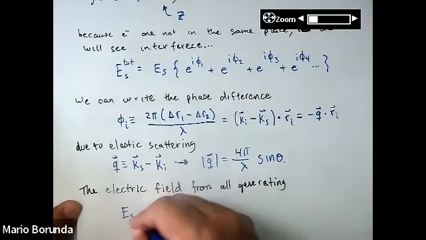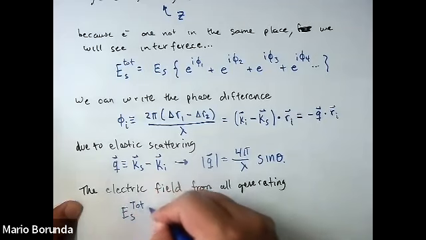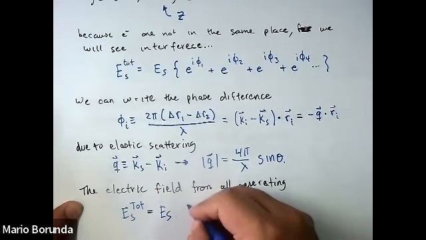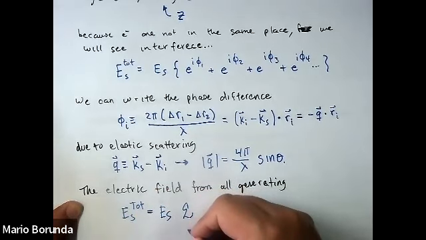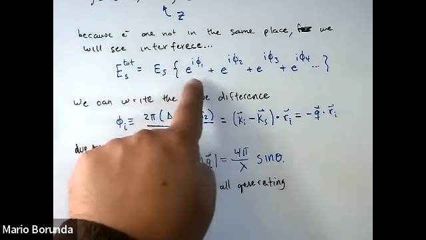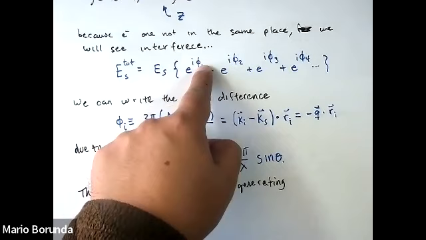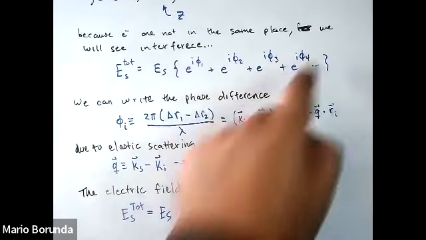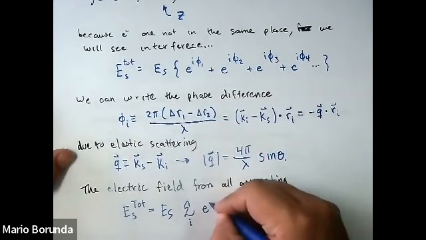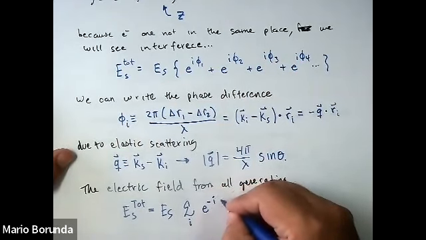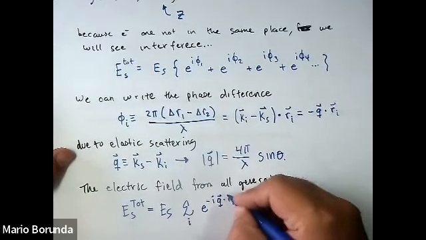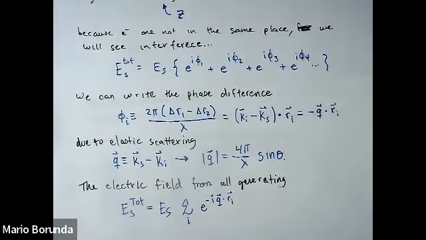We would get that this is the total electric field, and it's going to be ES times a summation over however many electrons we have. And here we set a phase e to the i, phi1, phi2, phi3, phi4. But now we know what these phis are, and this becomes e to the negative i q dotted with Ri, the position Ri of each of the electrons.